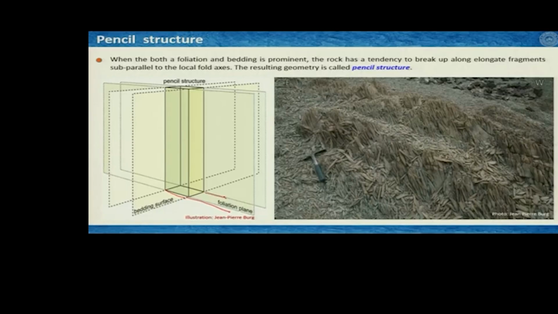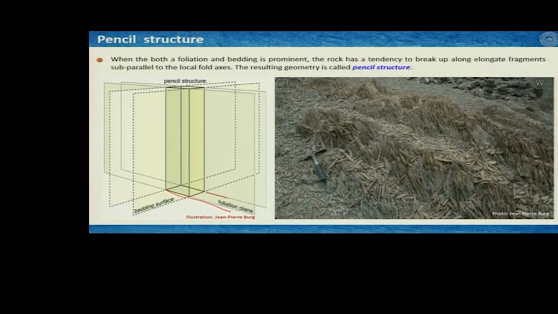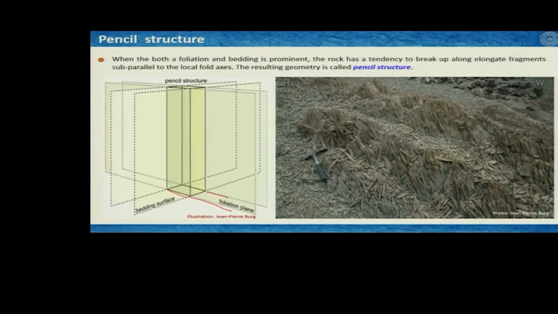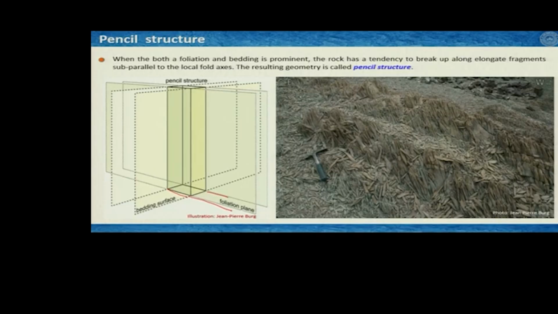So, if they intersect this way, think of chopping a potato on one side like this and the other side like this. One is your bedding plane, another is your foliation plane. The result is some long sticks of potato which you may use for French fries, and these elongated things are known in geological structures as pencil structure.